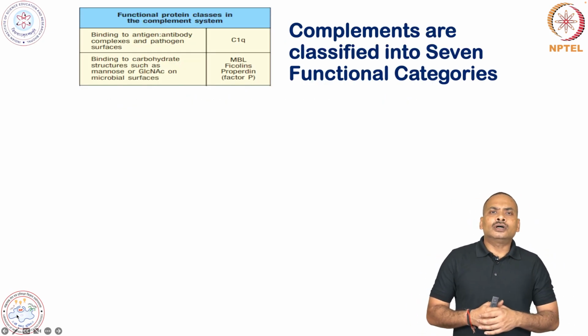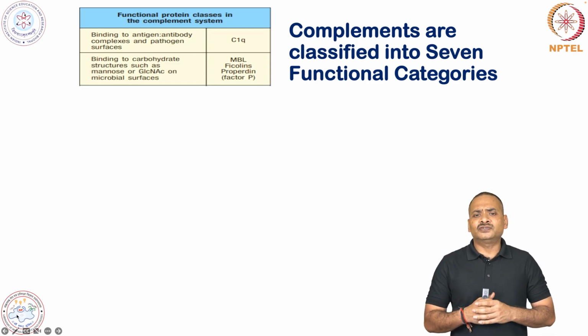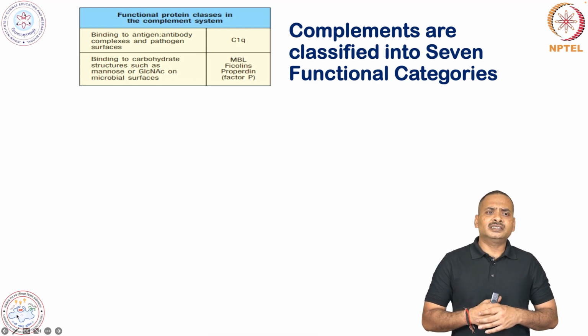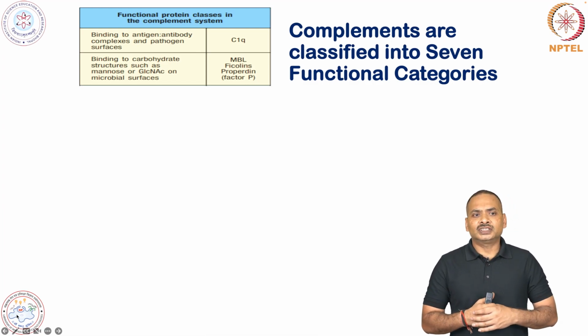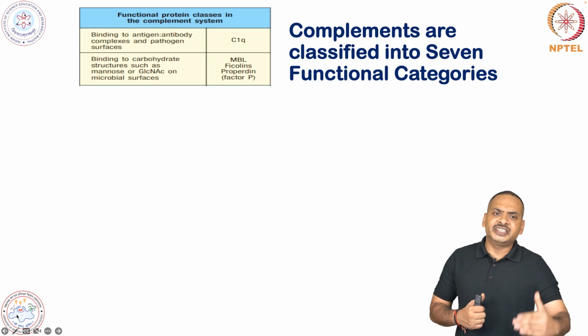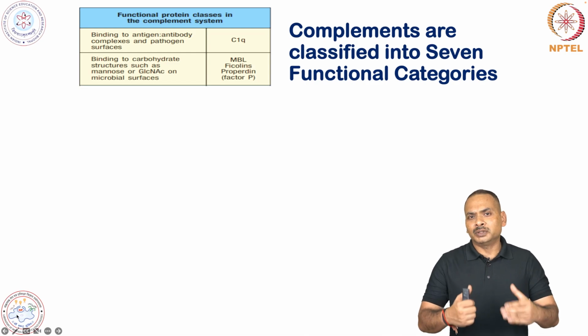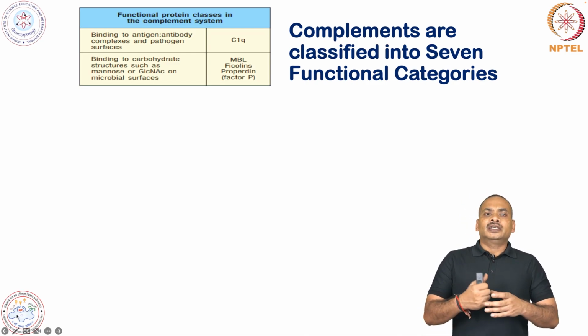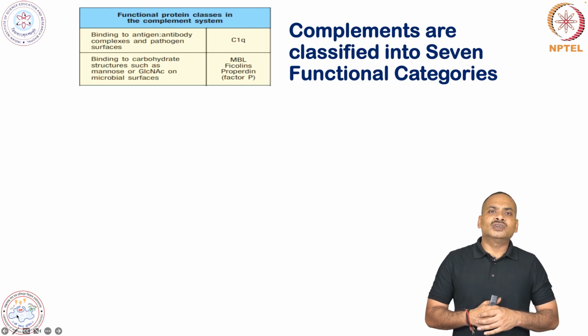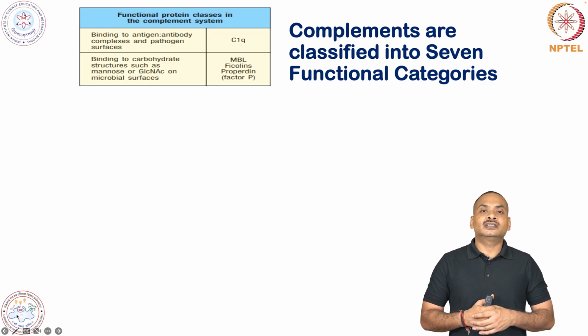Okay, so now I will talk about the complement. Basically, these complements are classified into 7 functional categories. Here you can see there are various functional categories. The first category is the initiator, the complement which initiates the complement fixation pathway. Here you can see there is C1q. C1q is an initiator, and later on you will see that this C1q is the initiator of one particular pathway which we call the classical pathway.